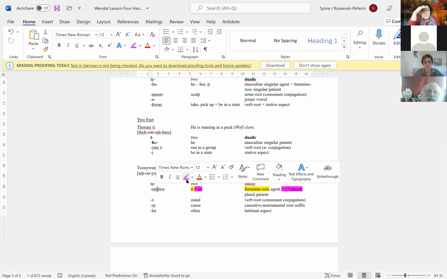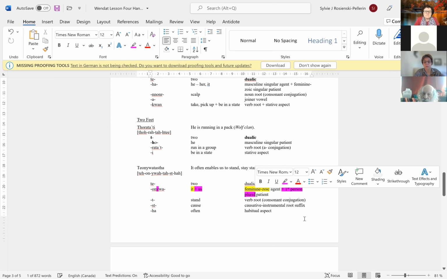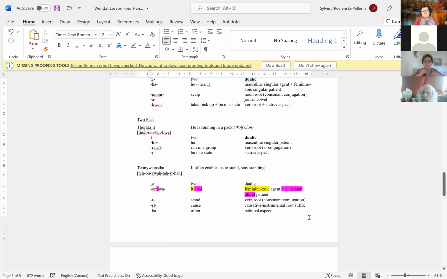So for the patient, there is a distinction between being 2 and being more than 2, which is handy with relationships. It's handy, like if you're going to say, we are siblings, or we are a couple, we are spouses, it's handy to have that too.